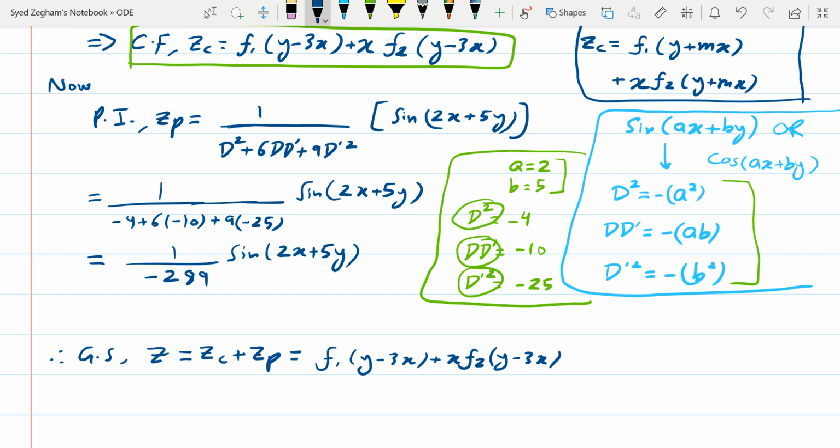This is my ZC plus ZP, that is negative 1 over 289 sine 2x plus 5y. So this is our general solution for this second order partial differential equation.